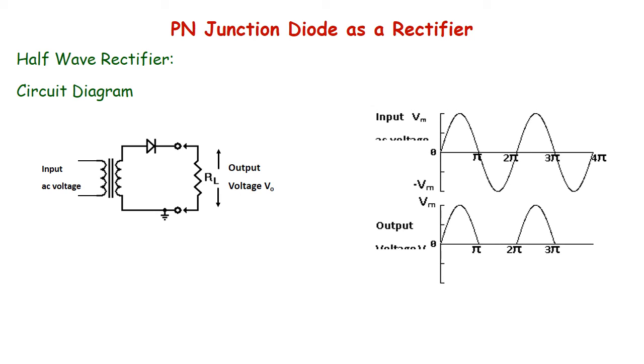Suppose you need a 12 volts DC supply. Here you have a transformer that converts the 230 volts supply that is available in all homes, the domestic supply, to 12 volts.